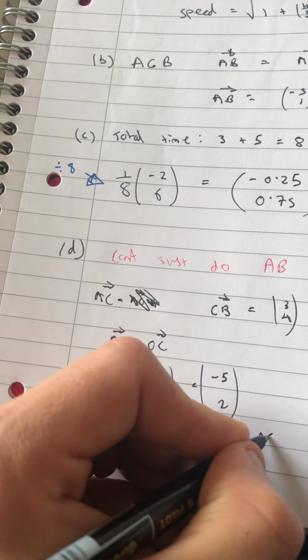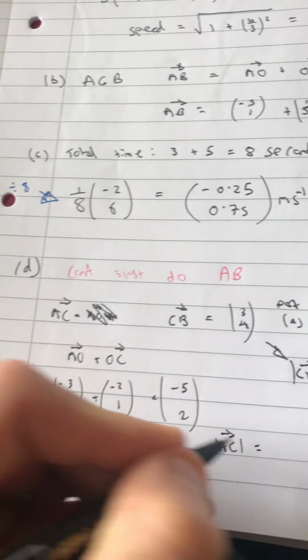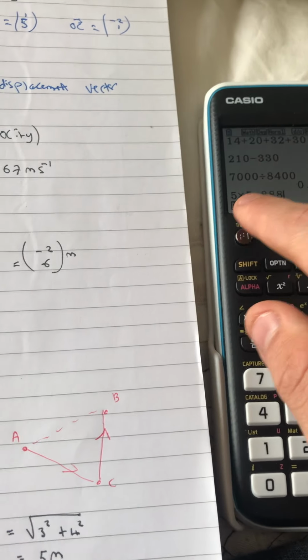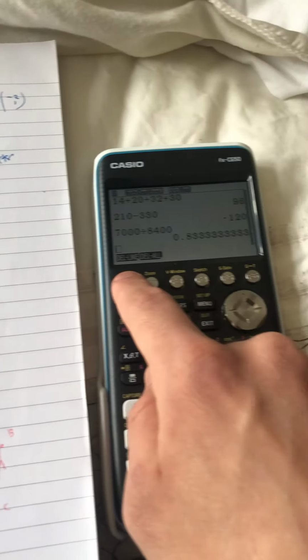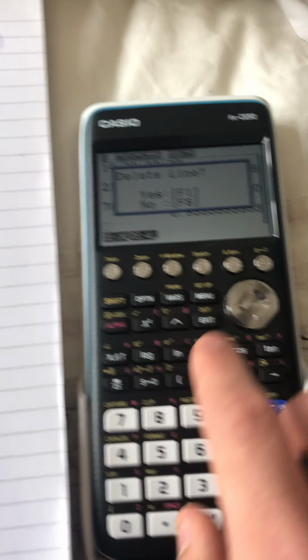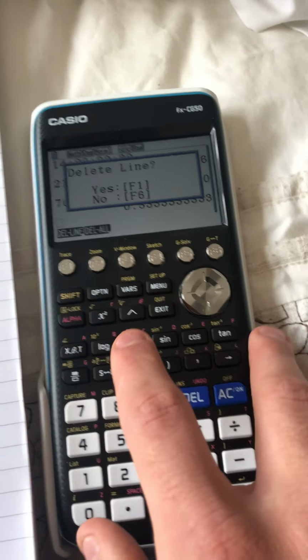This one I can't do in my head. So this is A to C. So we'll do my calculator, although I'm going to leave it as square root possibly.